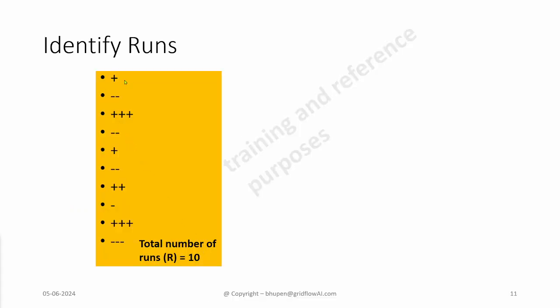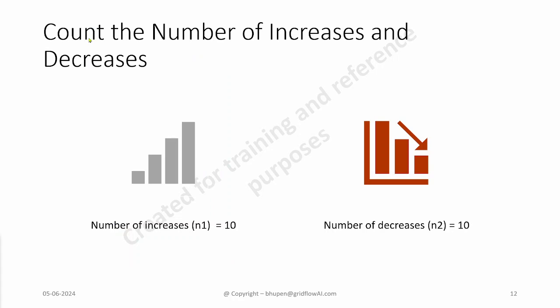That's how we identify the runs: plus and minus, minus, plus, plus, plus, and the total number of runs is 10. Once we determine the runs, we have to count the number of increases and decreases, the number of runs in one direction versus the number of runs in the other direction. Count those and call them N1 and N2.